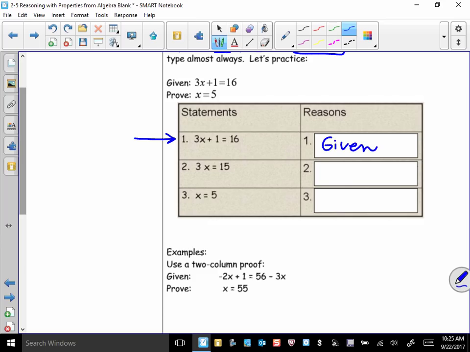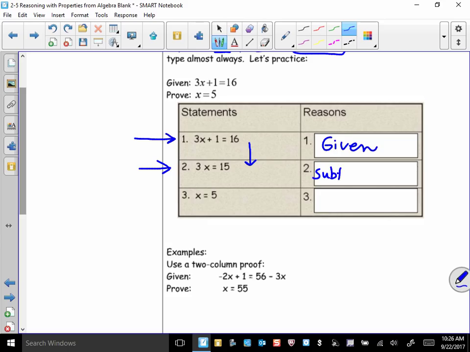What I'm doing in the reasons column is I'm just putting how do I know that I can make the statement that I just made on the left-hand side. So that one's given. Okay, so step number 2 says, okay, well, it logically flows from step number 1. How do I know? How did I get from step 1 to step 2? What did I do? I subtracted that 1 from both sides.